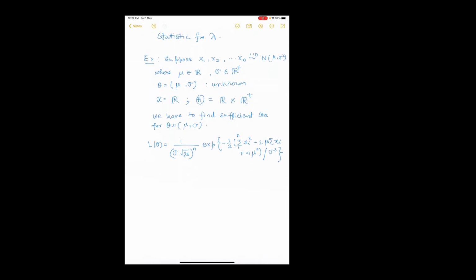Now I'm going to write summation xi square as T2 and summation xi as T1.